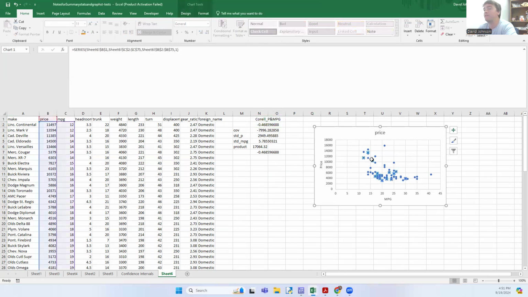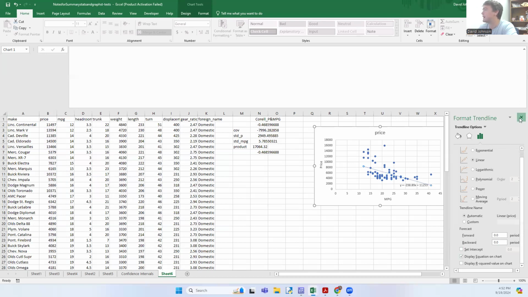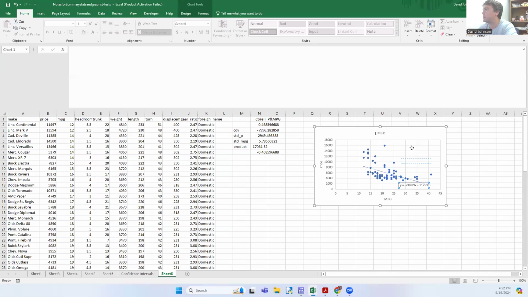But now what we want to do is fit a line. And the way we're going to fit a line is you're going to do add trend line. It's going to be linear. And we're going to display the equation on the chart. And then we're going to X out. And there we go. Bingo.